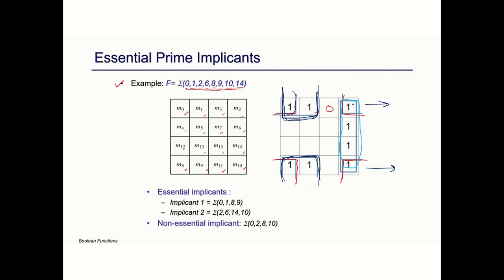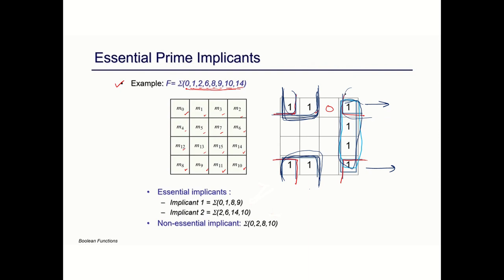If we make this 4 variable grouping here and here, then the grouping with the 4 corners is actually a non-essential part. As we are making a cover with this 4 variable and this 4 variable, this is sufficient to cover all the onset positions. If we make only the 4 corners as the cover, it is actually not required to cover all the onset.